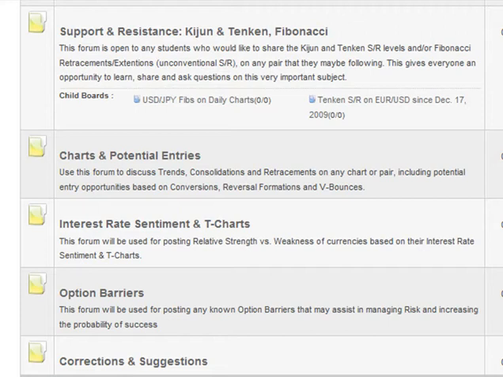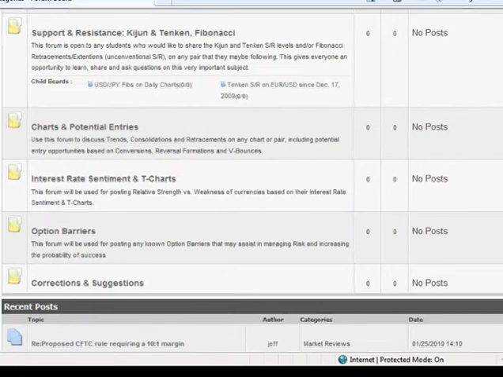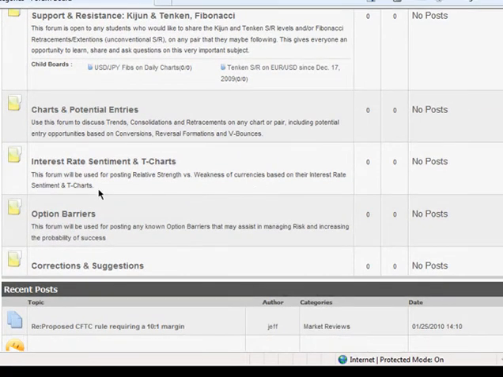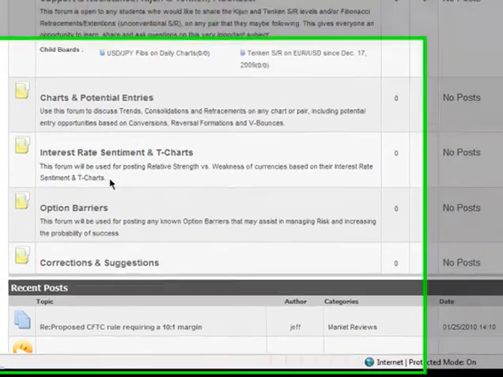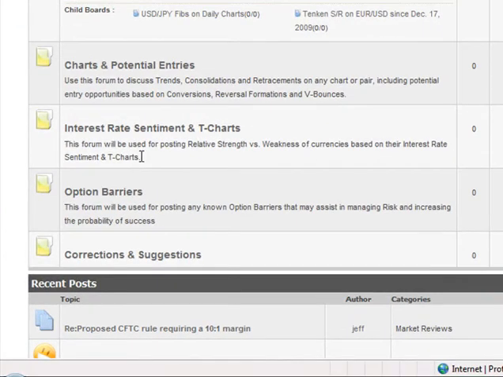We all know what the interest rates are. It's right on FX Daily or on our T-charts. But if we're seeing things that may change the market sentiment, which would in fact drive that currency up or down, we want to put that there.